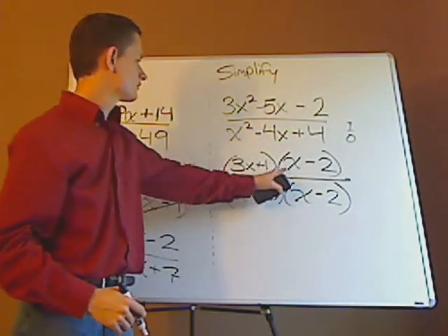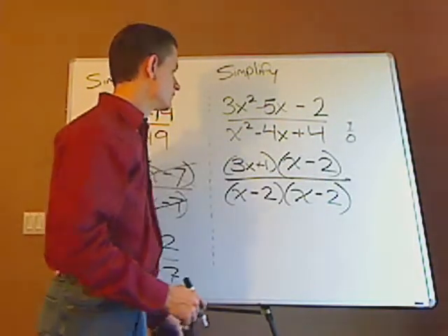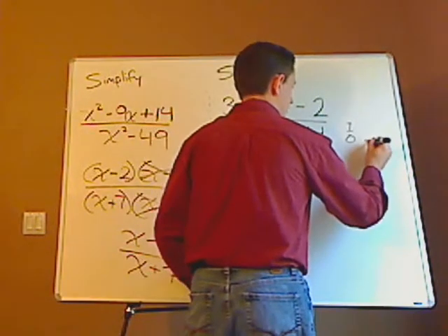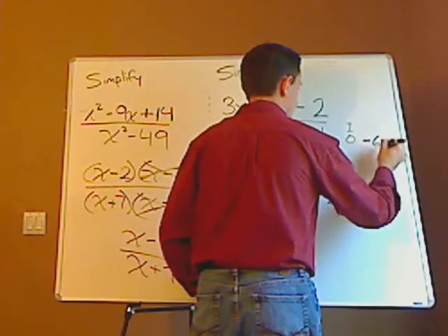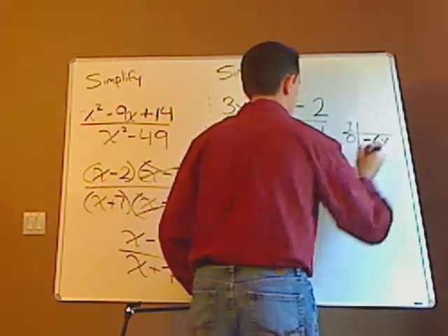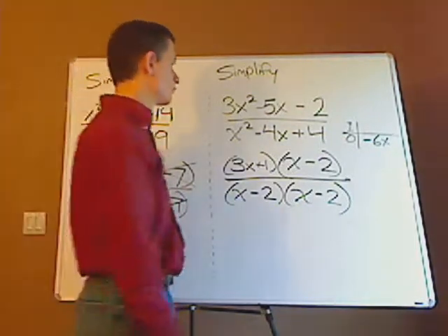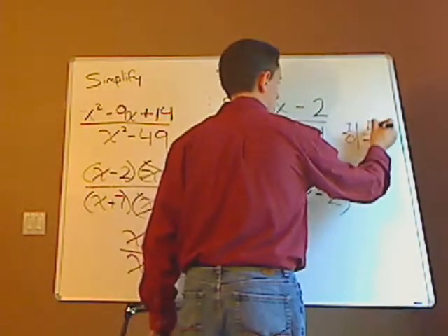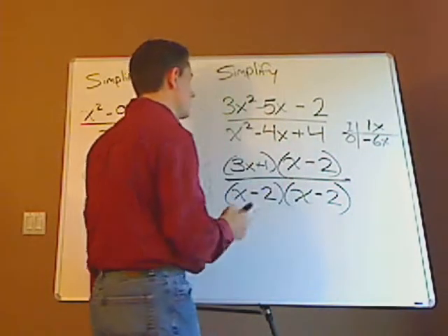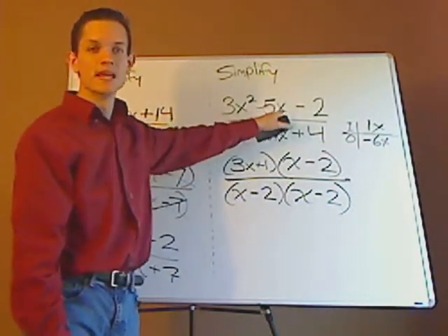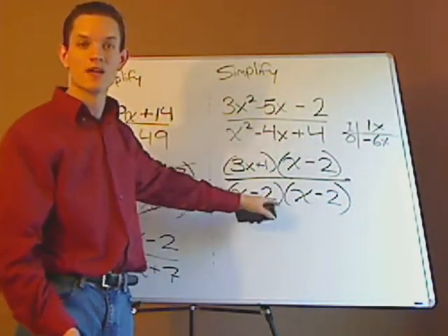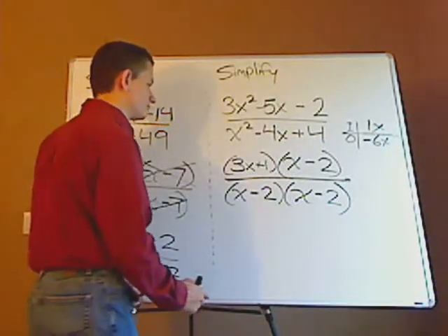So what's 3x times the negative 2? Right, that's my outer, so that's a negative 6x. What's my inner? Right, that's 1x. And when I add those two together, that gives me the negative 5x, which I need. So I factored this out correctly.